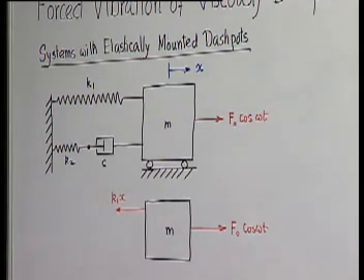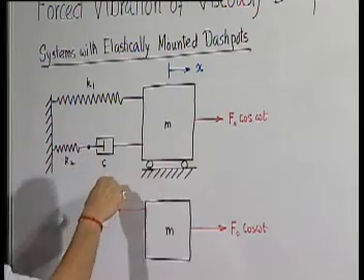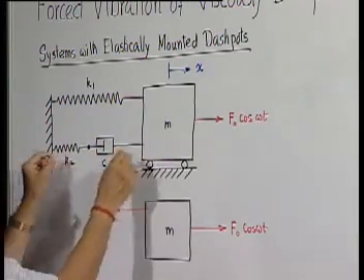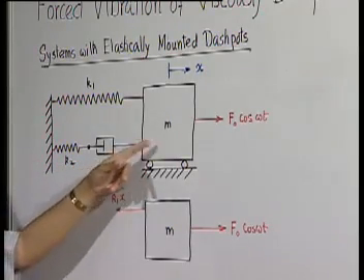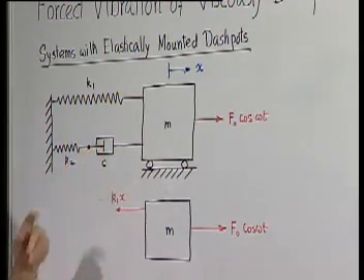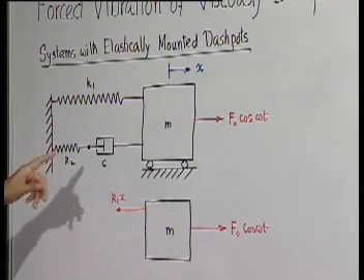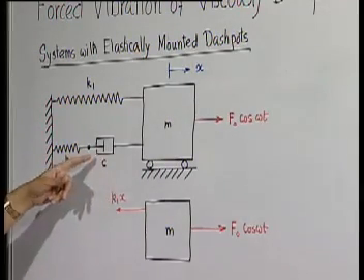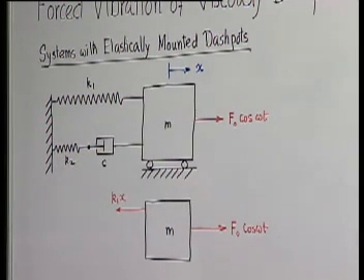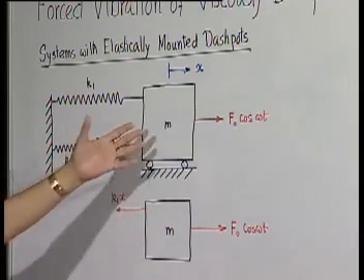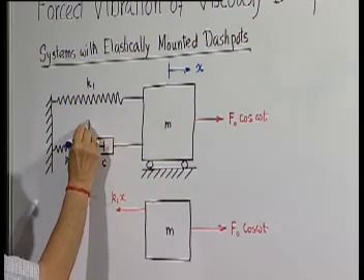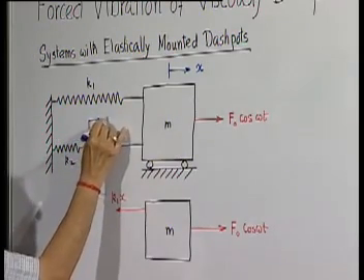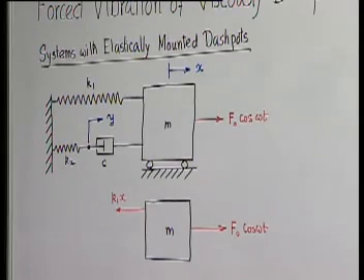Now, the force exerted by this dashpot will be C into the relative velocity between the piston and the cylinder. Now, velocity of the cylinder is same as x dot, but the velocity of the piston is not 0. In the previous cases, the velocity of the piston was 0 and the relative velocity between the piston and the cylinder body was same as x dot, and so it was C x dot. But now, this end of the piston is also deforming, and let us now call this as y.